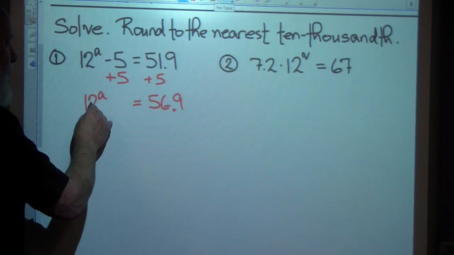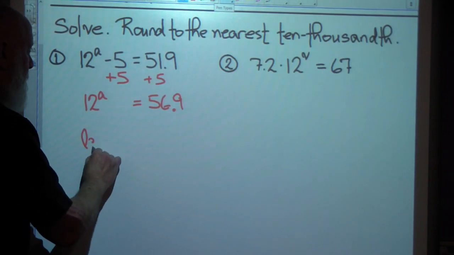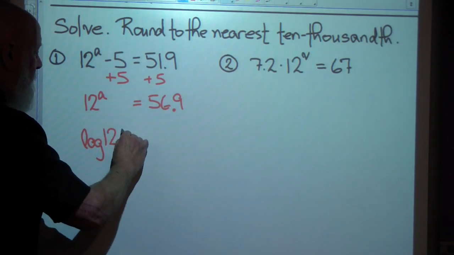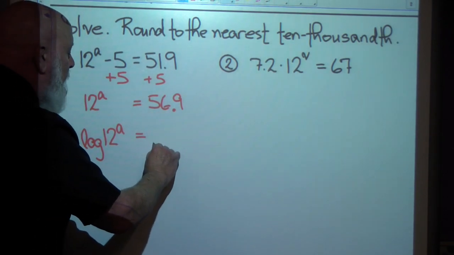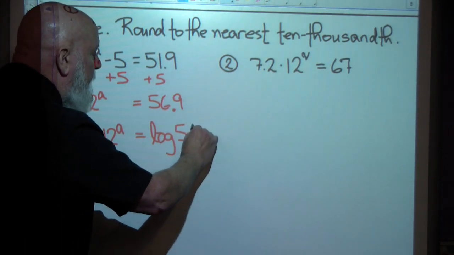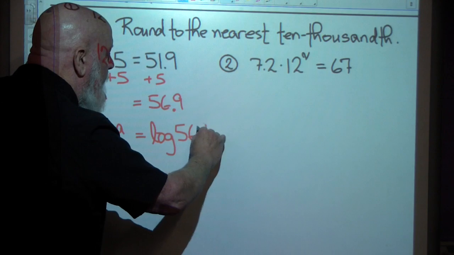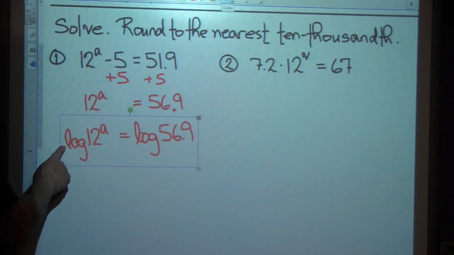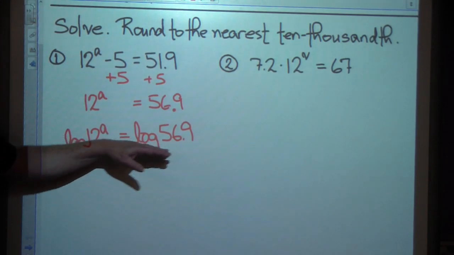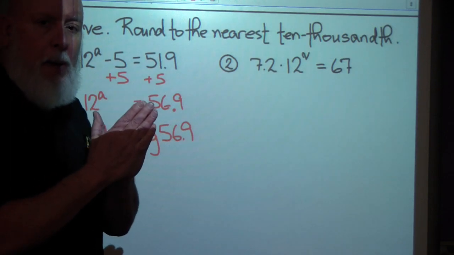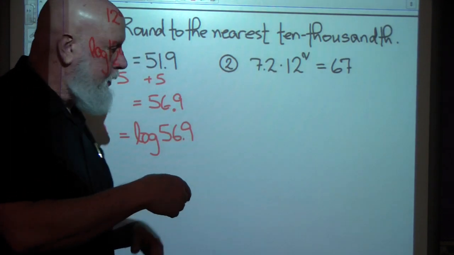Watch how this works. If I take the log of this side, it'll look like this. And I take the log of this side. All you do to take the log of both sides of an equation is write the word log. Scooch this over a little bit this way. There we go. So I've taken the log of both sides. And now if we look at this right here, remember the power property? We studied the properties.